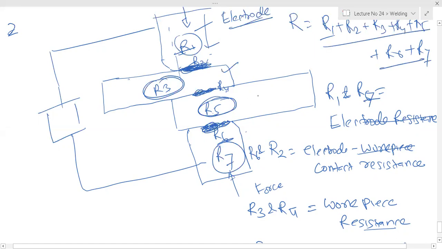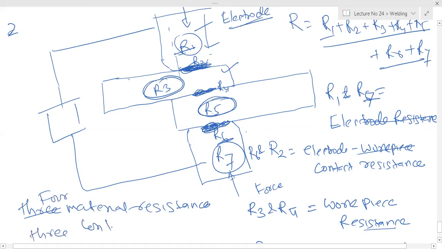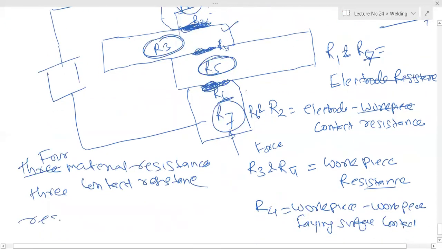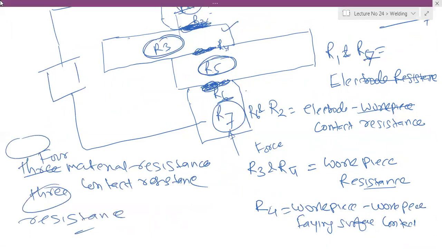So you have four materials and three surface contacts. So four material resistances and three contact resistances. 3 plus 4, 7.